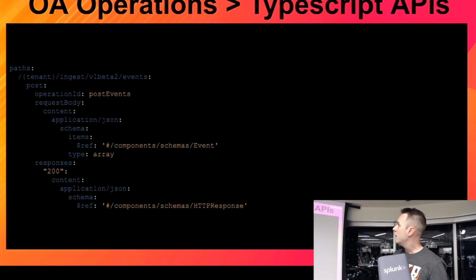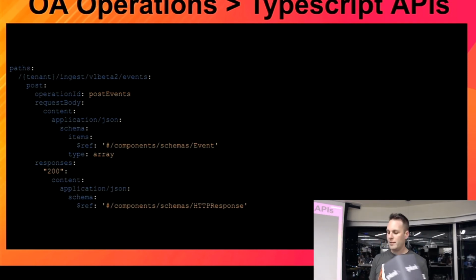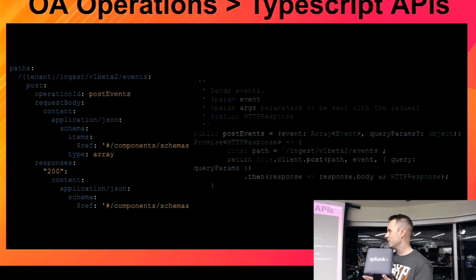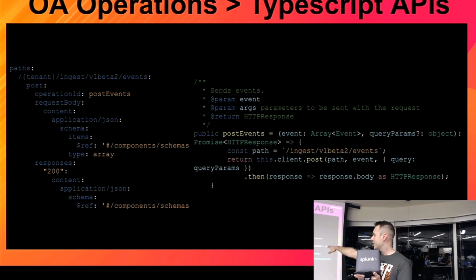To understand it, so to put it all together, here is the events API, and here's what our actual SDK looks like. We define a function, and we just use the operation ID, so it's just postEvents. You can see it takes that array of events as the input.